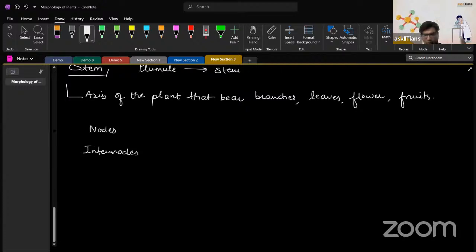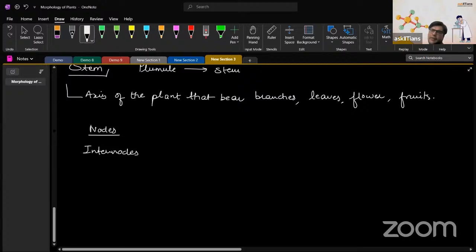If I have to define node in a biological manner, this is the region of the stem where the leaves, or maybe the branches, are usually born. That is the node, and the distance between the two nodes is the internode.